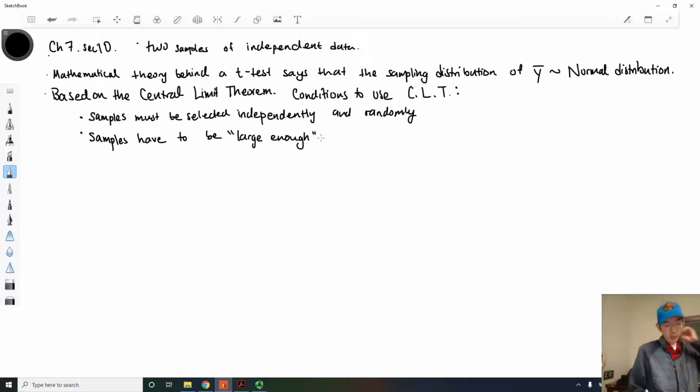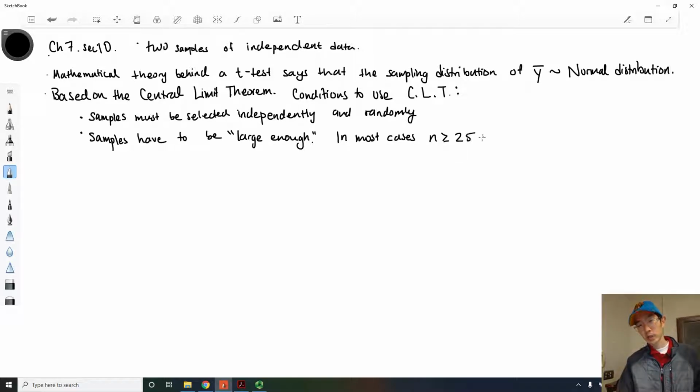At a practical level, this often meant you had a sample of 25 or more, 30 or more. So in most cases, n greater than or equal to 25 is large enough, okay?